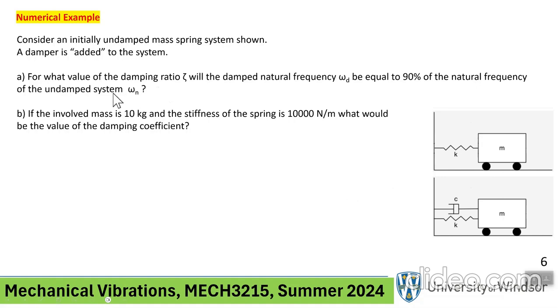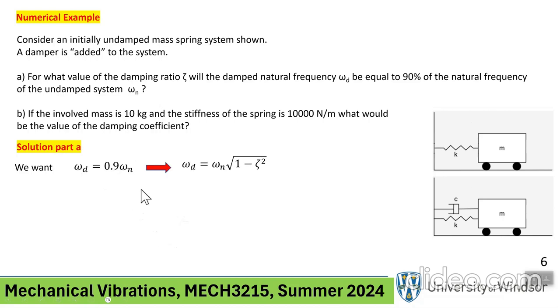Omega d and omega n are related by taking omega n and multiplying it by the square root of 1 minus zeta squared. So what we want is omega d to be 90% of omega n. So it says, what is the value of damping which makes this true?